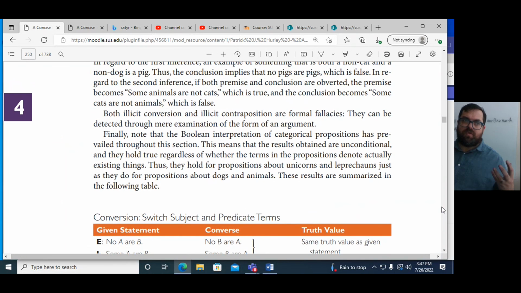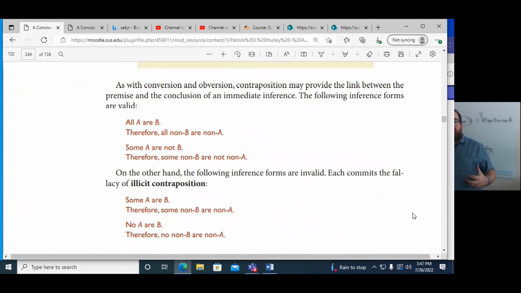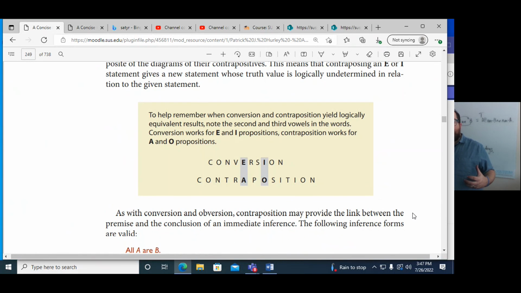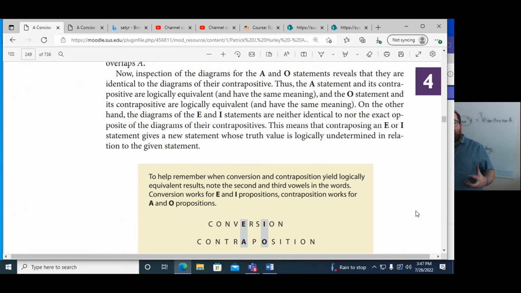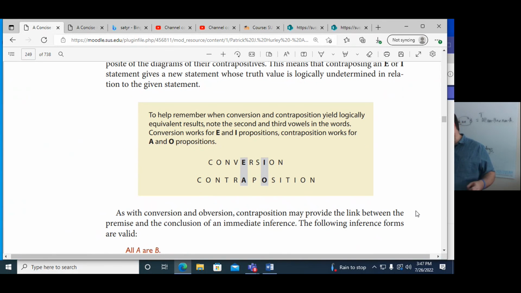I think that'll be a short homework video that we'll do at another time. Just to speak to it, the reason I pointed you to the second and third vowel positions is I think this is a genius way of memorizing what the logically equivalent statements are. The second and third vowels in conversion and contraposition both correspond to the only two statements that actually keep their original truth value.